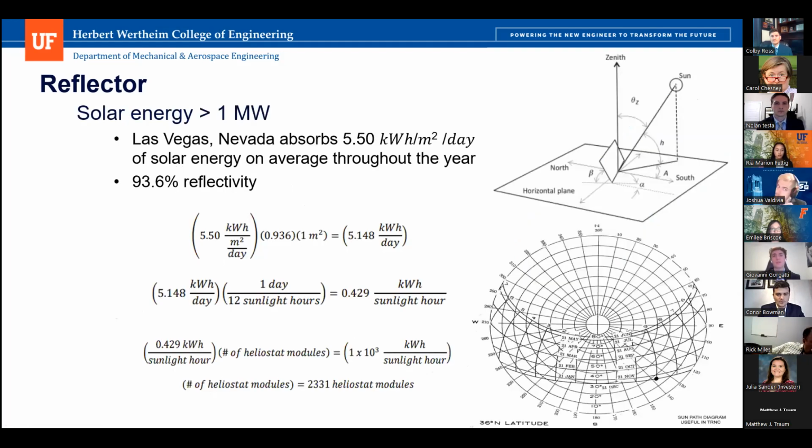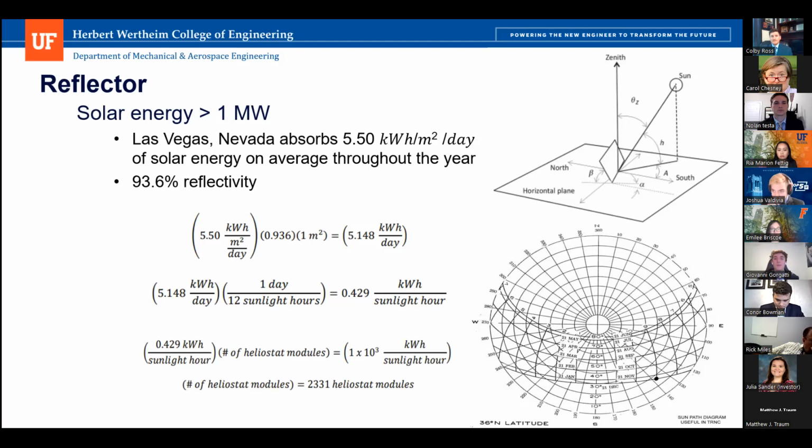For the solar energy needing to be greater than 1 megawatt for 1 hour of the day, I calculated this based on how many heliostat modules we would need, based on how the reflector would work in our design. Nevada absorbs around 5.50 kilowatt-hours per meter squared per day.